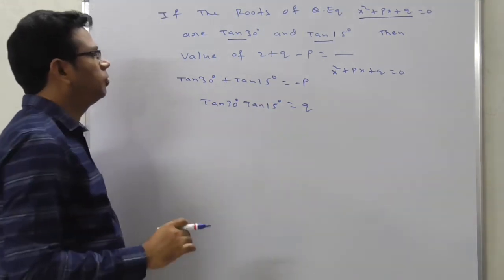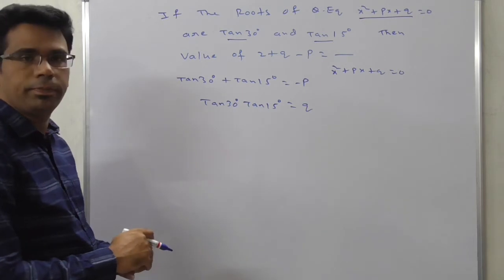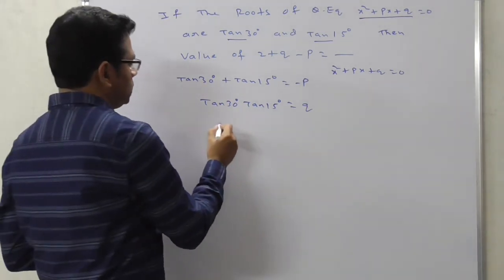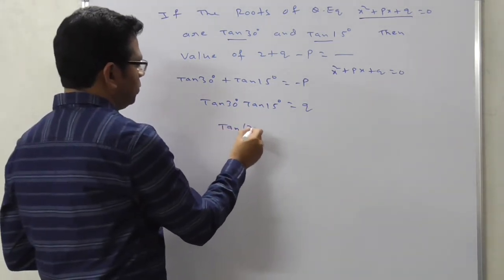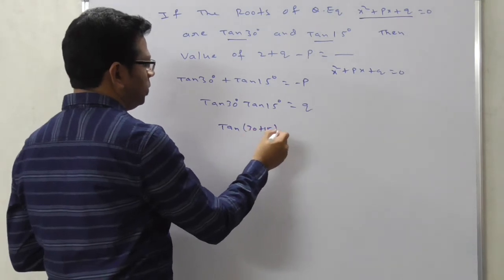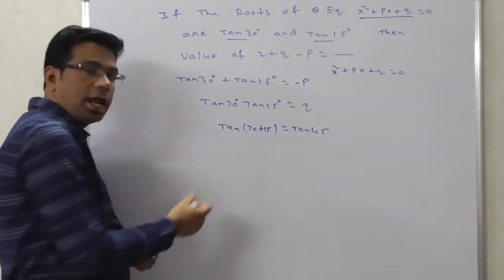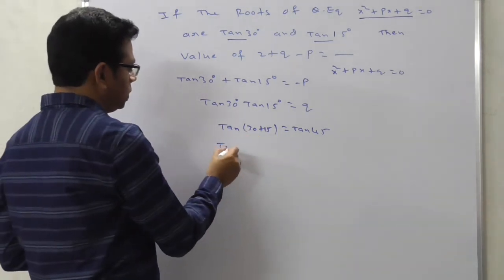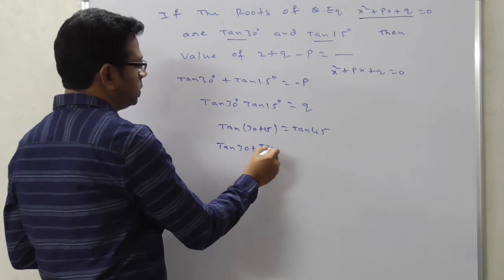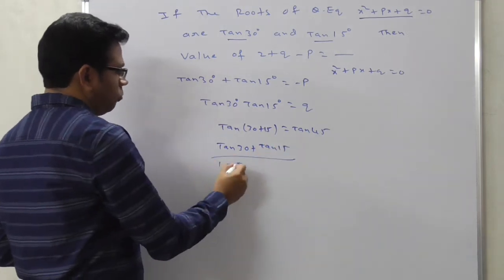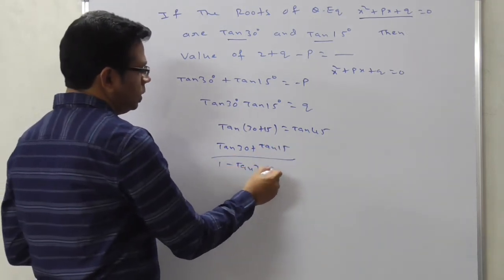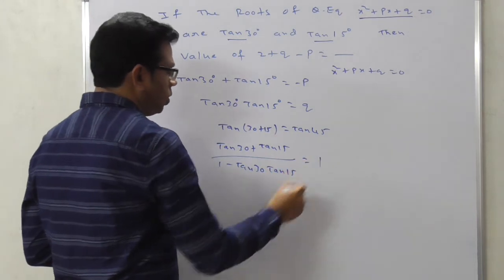30 and 15 are roots here. So on this combination, write tan of 30 plus 15. Tan of 30 plus 15 is equal to tan 45. Use the tan a plus b formula here. Tan 30 plus tan 15 by 1 minus tan 30 into tan 15 is equal to 1.